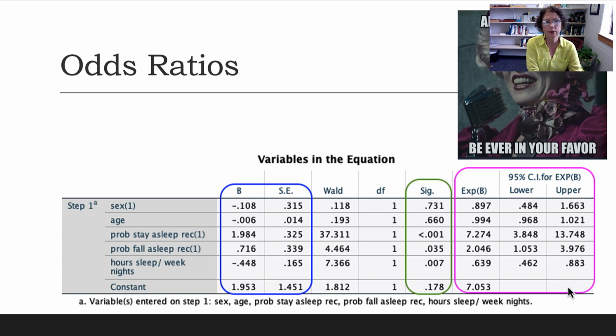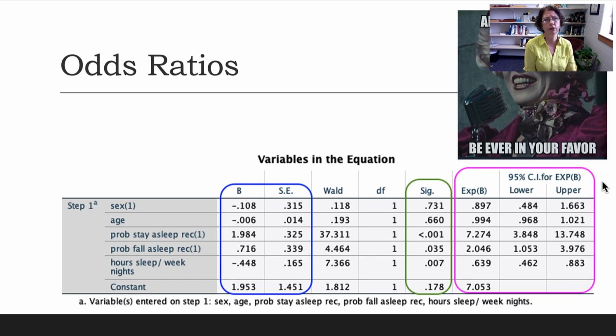And where we go for actually interpreting these regression predictors is in the odds ratio box over here. This column EXPB is going to be the odds ratio for that predictor. And then we have our 95% confidence interval for the odds ratio.